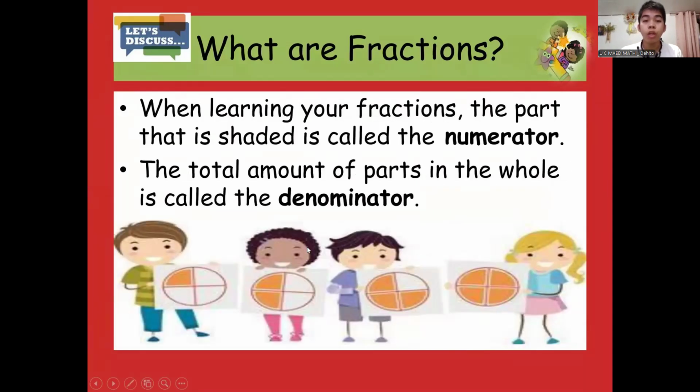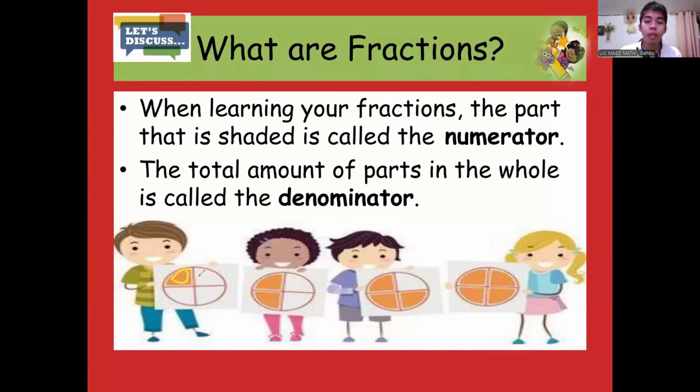Now, when learning your fractions, the part that is shaded is called the numerator. This was explained during your grade 3. So, for example, in this one, the shaded part is your numerator.